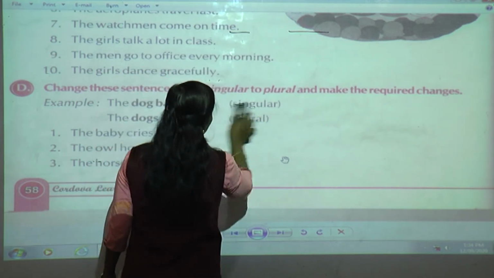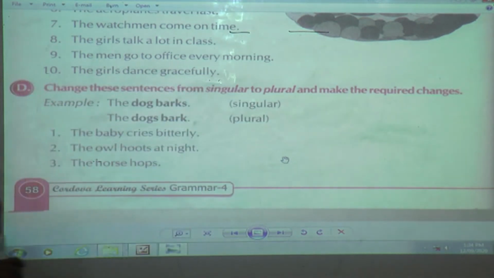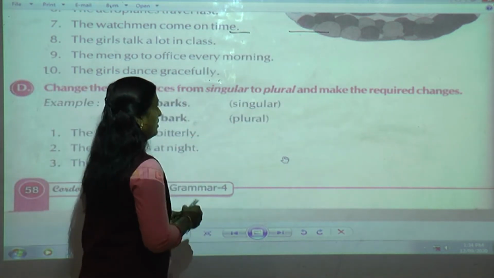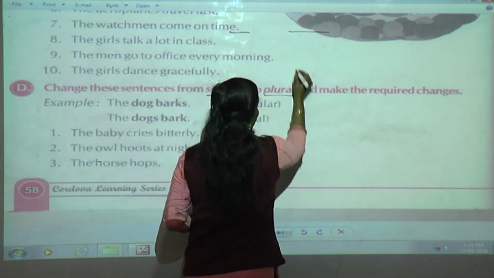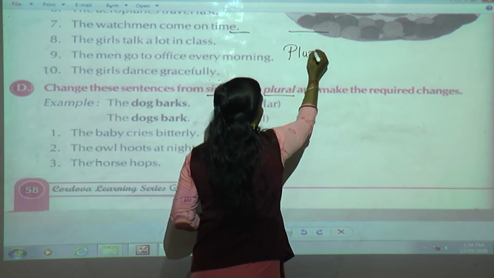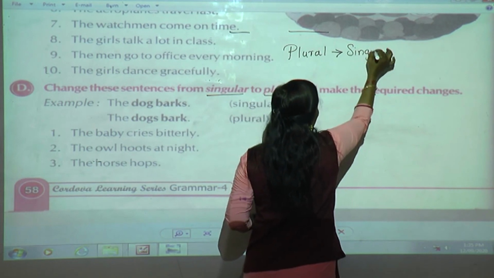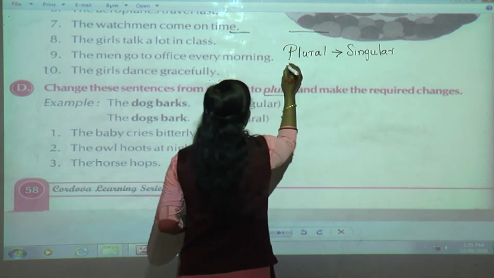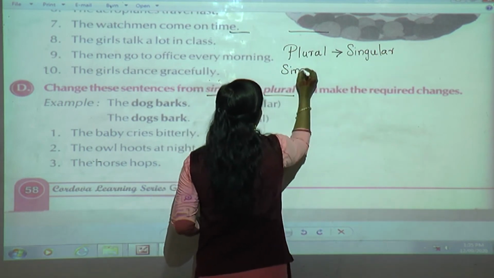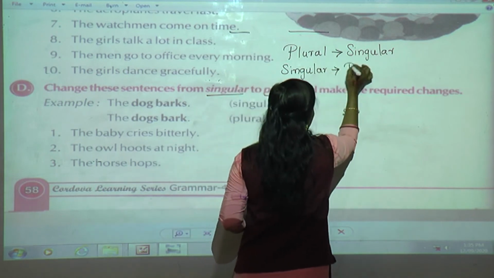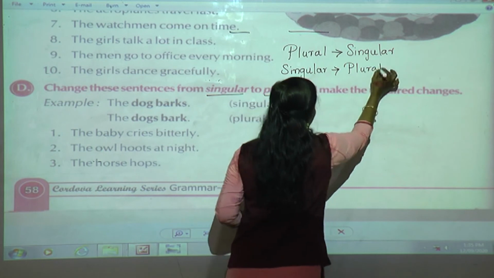Here we will do from singular to plural, meaning the sentence is in singular form and we will make it plural. Got it, students? Before, we changed from plural to singular. Now we are going from singular to plural. Rules are the same for this also.